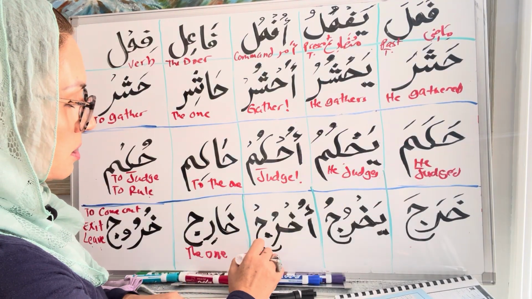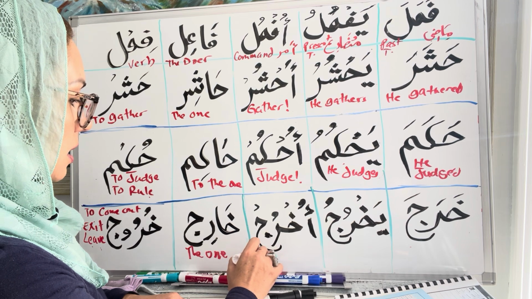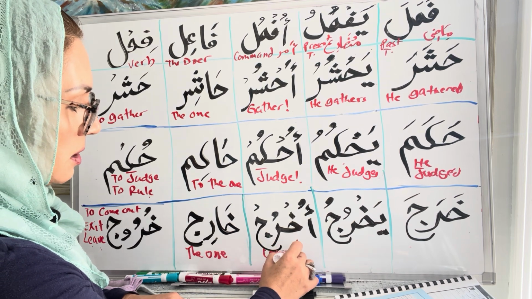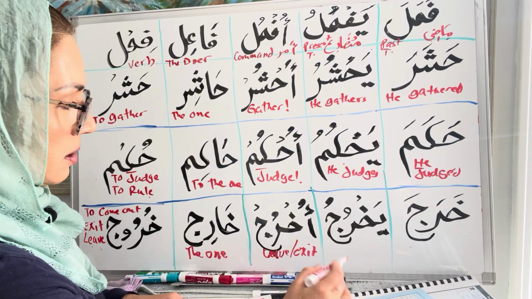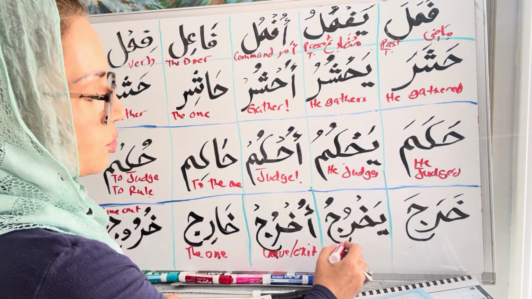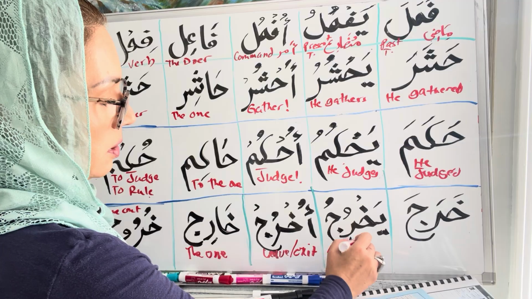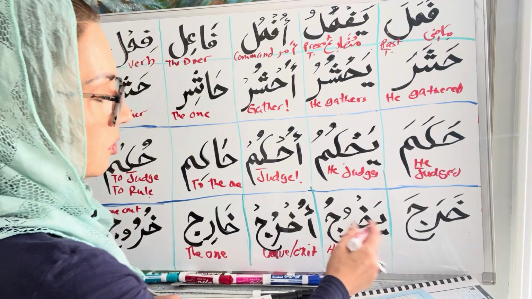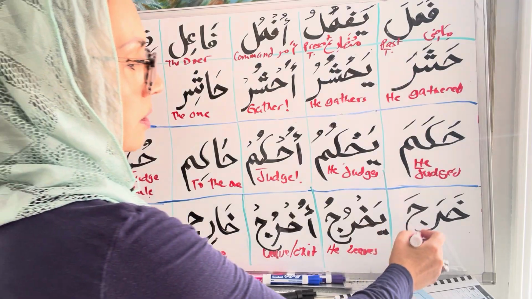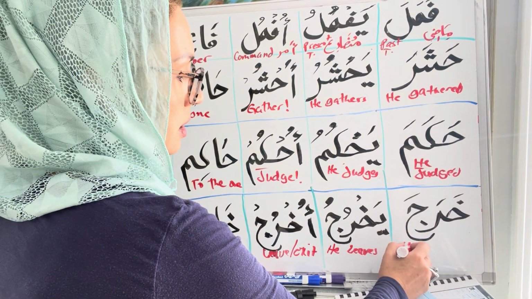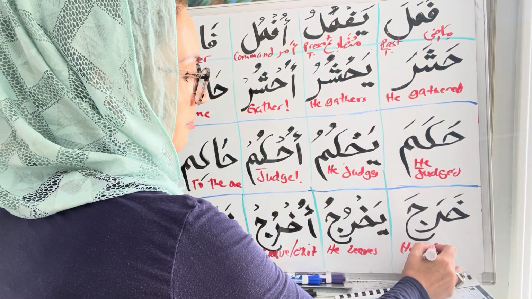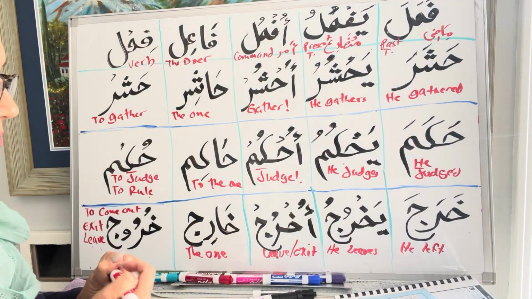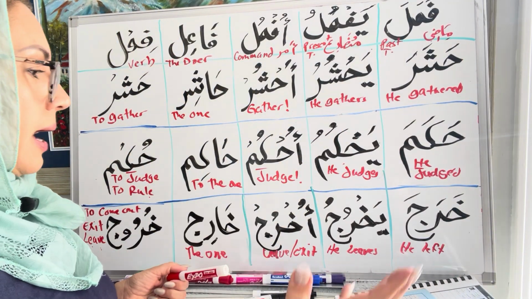Ukhruj, of course, this is command, leave or exit. Yakhruju, he leaves or exits. And then kharaja, he left or he exited or he came out.